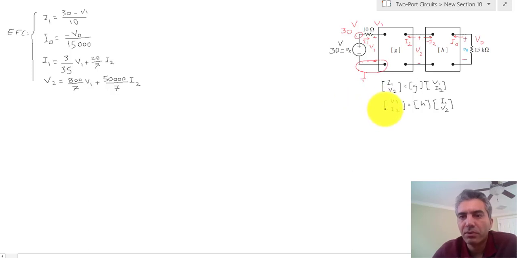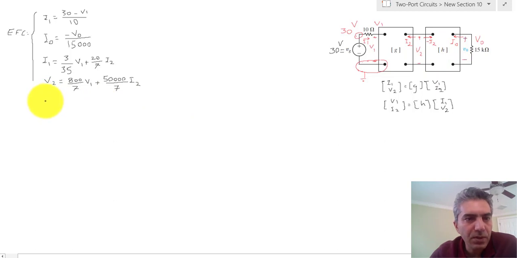So we have to be careful and replace V1 with its equivalent, which actually happens to be V2, and I2 happens to be actually I out here, and then I1 is minus I2 and V2 is V out. So we're going to use those values. So now V1 in our case, be very careful. V1 here is the voltage of port 1 for this two-port, which happens to be V2.